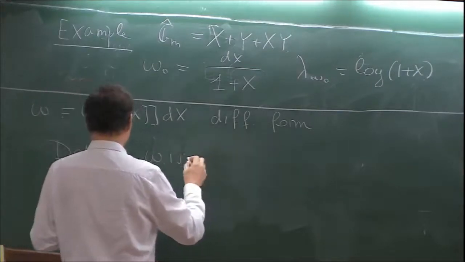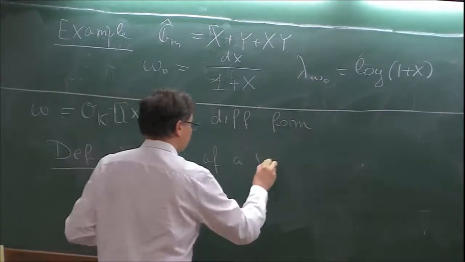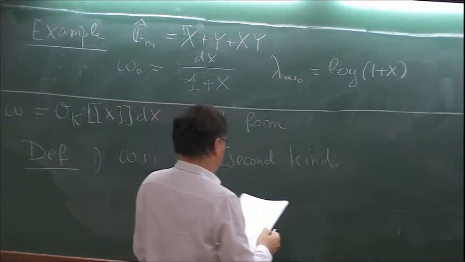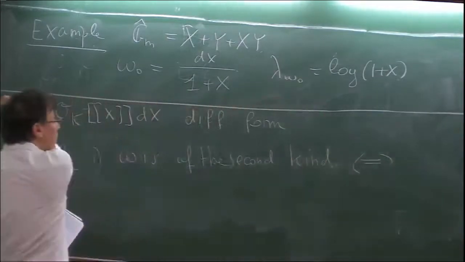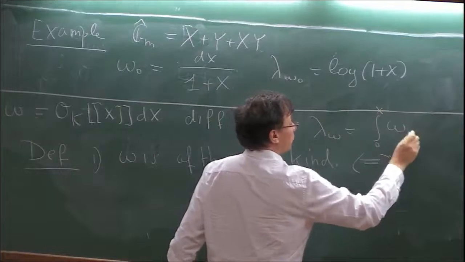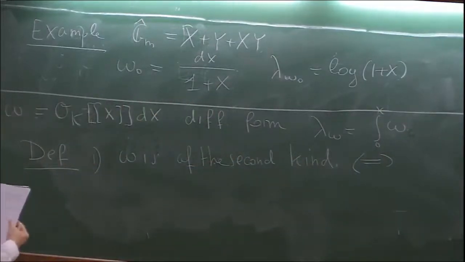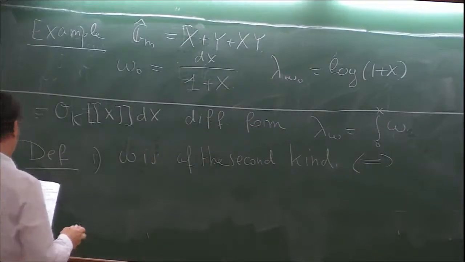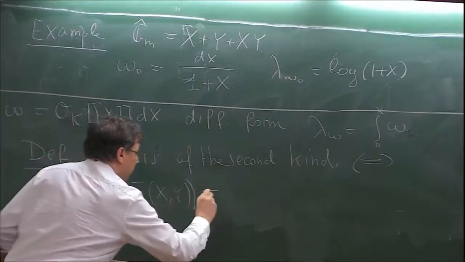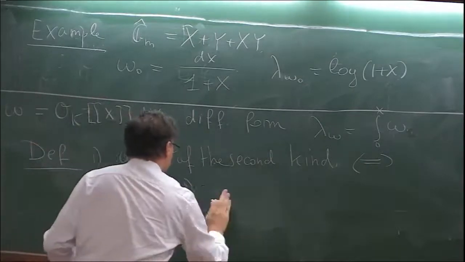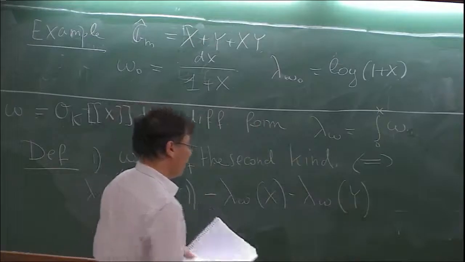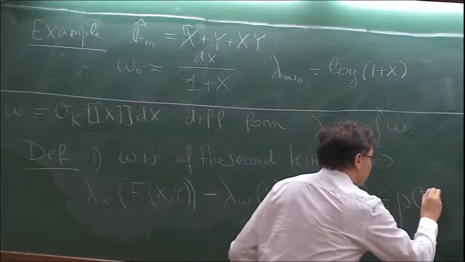Omega is a differential form of the second kind if and only if its logarithm, so again the logarithm is defined to be the primitive of omega, if and only if lambda omega of f(x, y) minus lambda omega of x minus lambda omega of y lives in the maximal ideal.